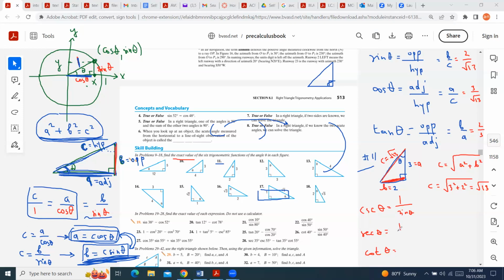The secant is the reciprocal of cosine. And cotangent is the reciprocal of tangent. So I'm going to flip the values that I just produced. If I flip sine, I get radical 13 over 2. I just flipped that guy.